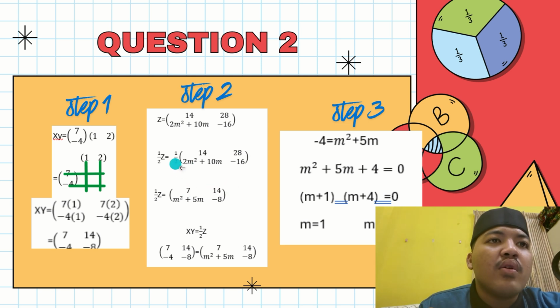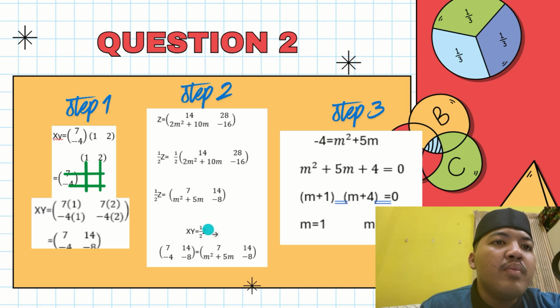And then 1/2 times 2m square plus 10m, we get m square plus 5m. And lastly, 1/2 times -16, we get -8.